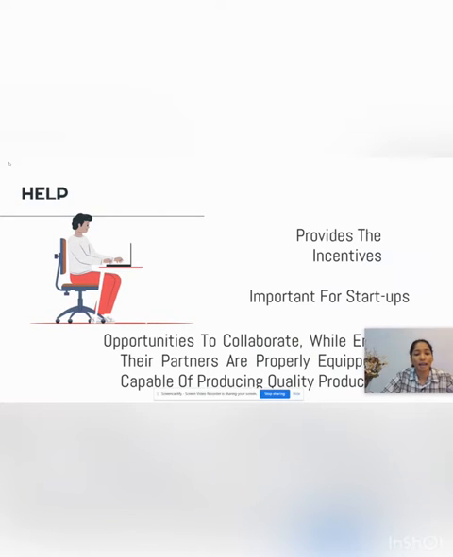IP is just as important for startups because it generates capital and revenue, enabling companies large and small to invest in researching, developing, manufacturing, and marketing their product.